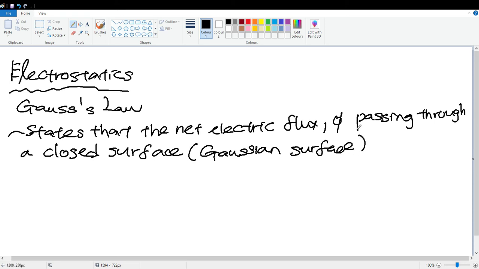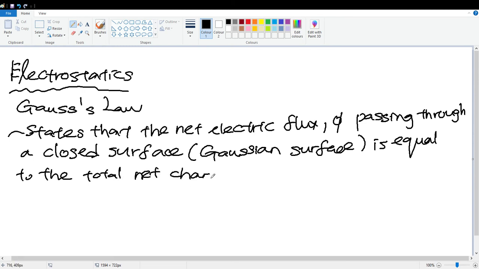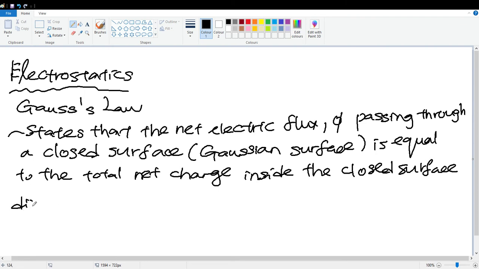The net electric flux through the Gaussian surface is equal to the total net charge inside the closed surface divided by the permittivity of medium.